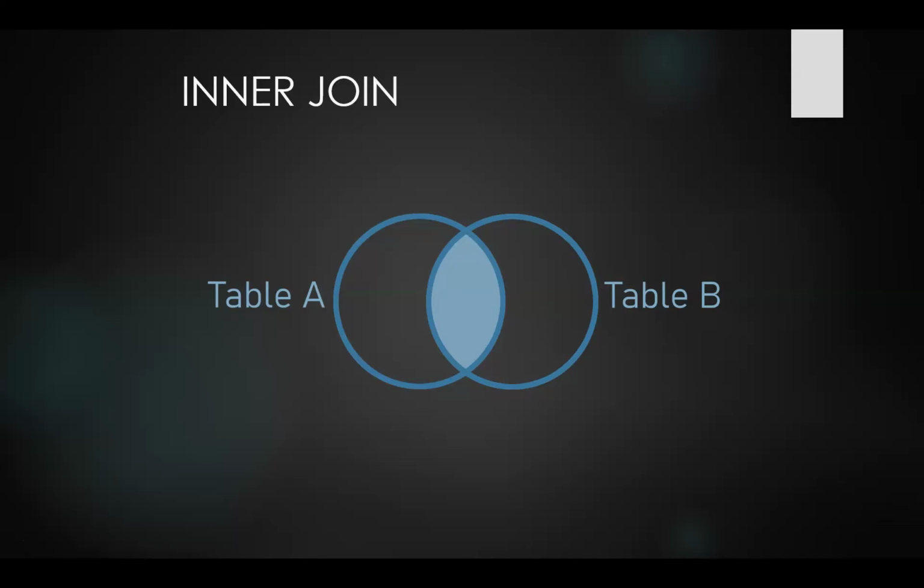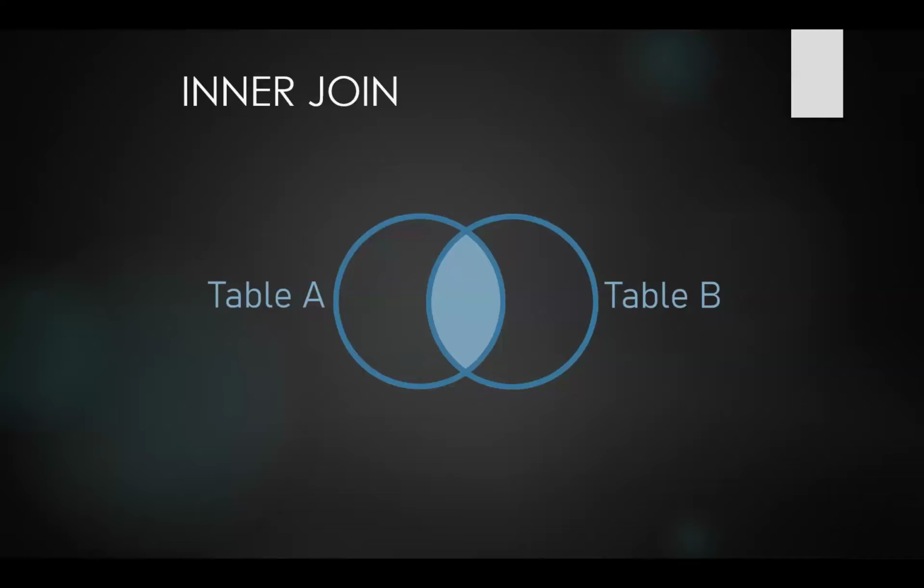There are different types of join: inner join, left join, right join, and outer join actually. With inner join, our query outputs where things are similar between table one and table two.